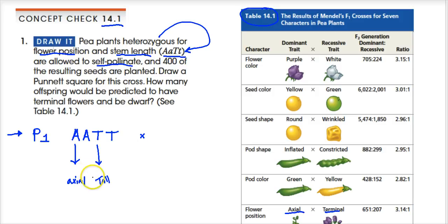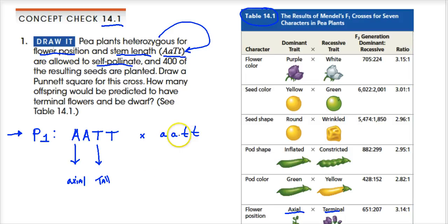In order to set this problem up, how do they come up with this AaTt? I'm just showing you how they would do this normally, and that's what the second part, the 2A question, starts you with, so you understand. In order to get to heterozygous for both traits, they would take the parental generation, a true breeding AATT, homozygous for both dominant alleles, and cross it with a double recessive.